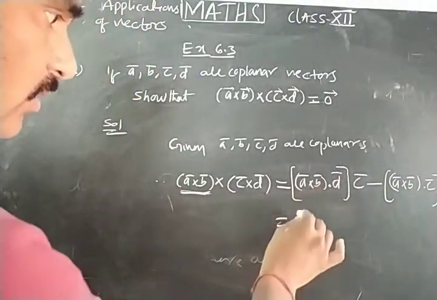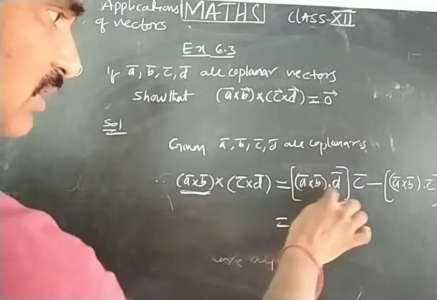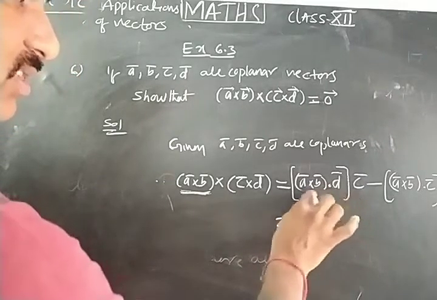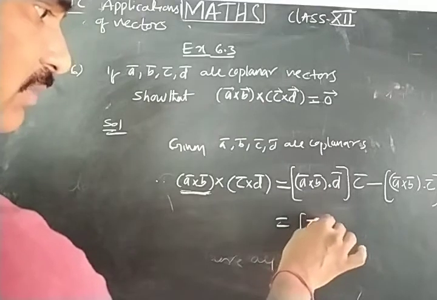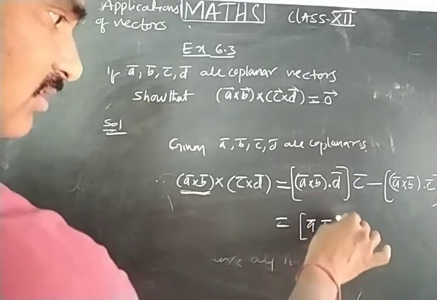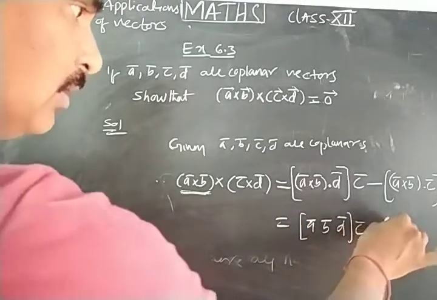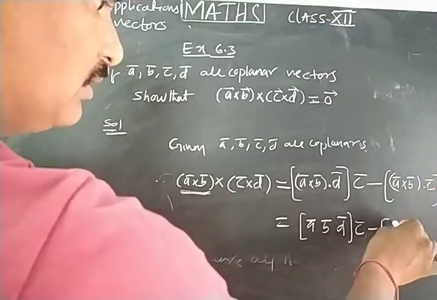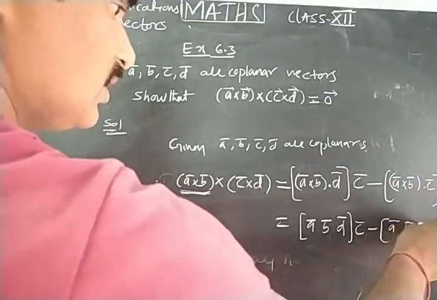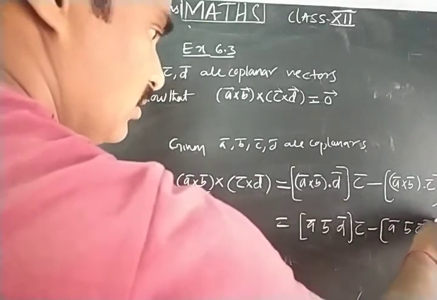Now we can write this as bracket ABD, into C bar, minus bracket ABC, into D bar, because these are scalar triple products.